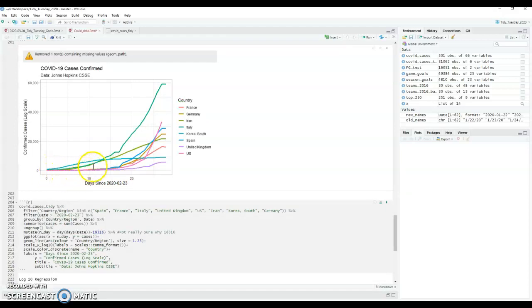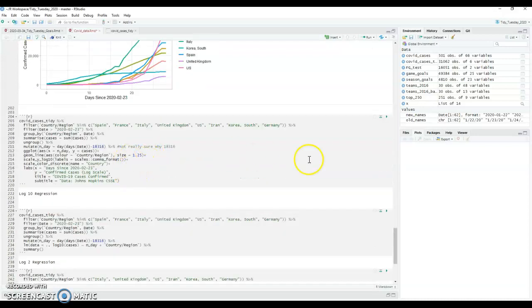What do we look like? We can see some big time curves here. This one here is particularly alarming. Look how quickly it shot up. A change in that means that the doubling time, or in this case the factor of 10 time, has decreased.